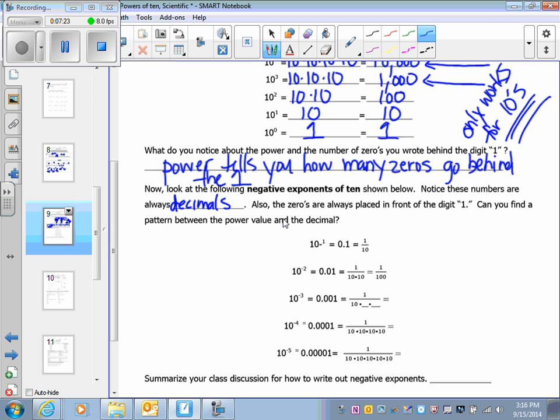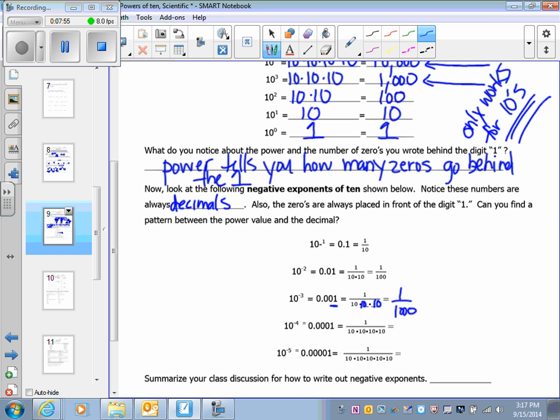So for example, 10 to the negative 1 means 1 in the 10th place, which we know is 1/10. Okay, 10 to the negative 2 means 1 in the 100th place, which we know as 1 over 10 times 10, which we know as 1 over 100. 10 to the negative 3 is a 1 in the 1000th place, which we know as 1 over 10 times 10 times 10, which is the same as 1 over 1,000.